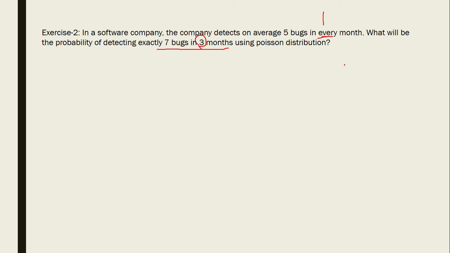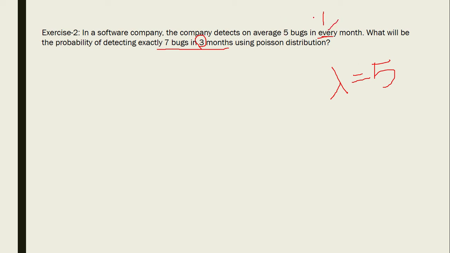So the lambda, or the average, will change. It was 1 month and this is 3 months. That means this is 3 times of this.